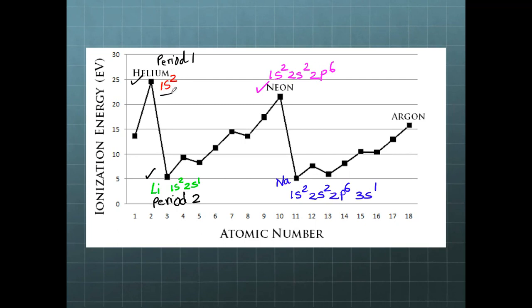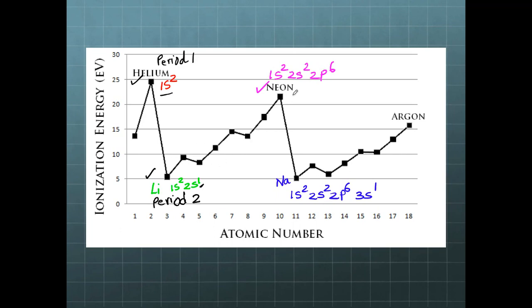This is the first energy level, and then lithium has 2 energy levels. It is easier to remove the outermost electron from lithium because this electron is further away from the nucleus, and therefore less energy is required to remove it.